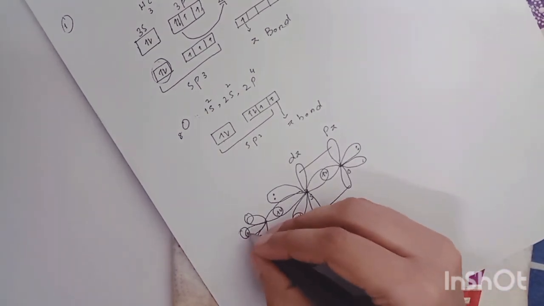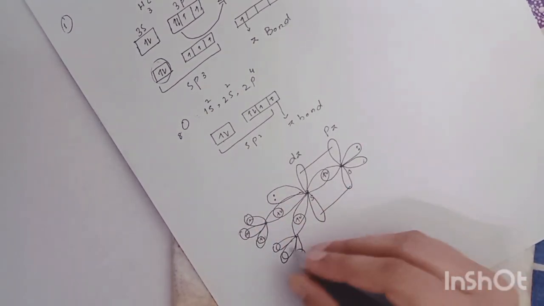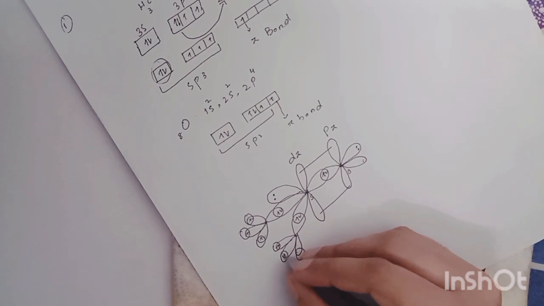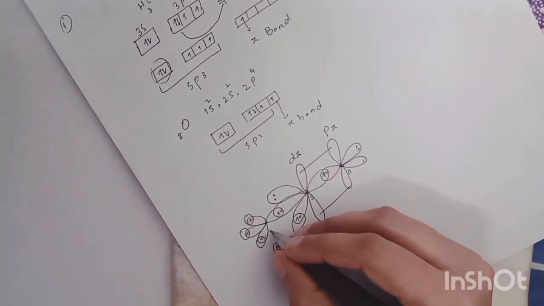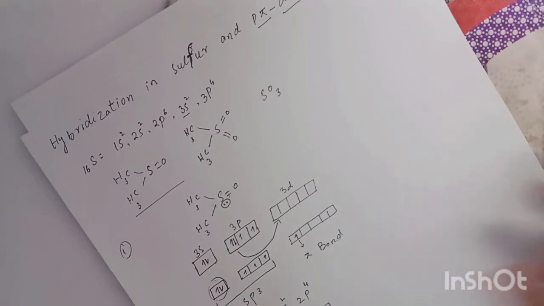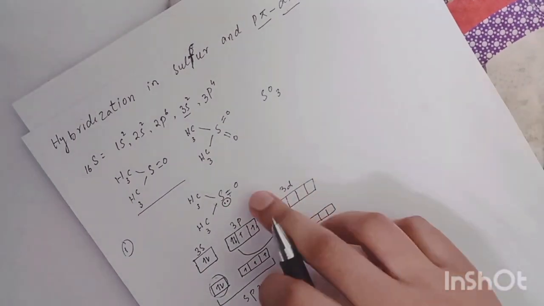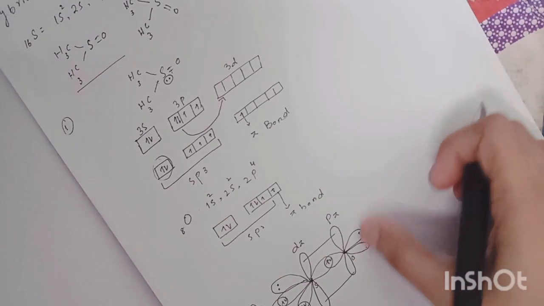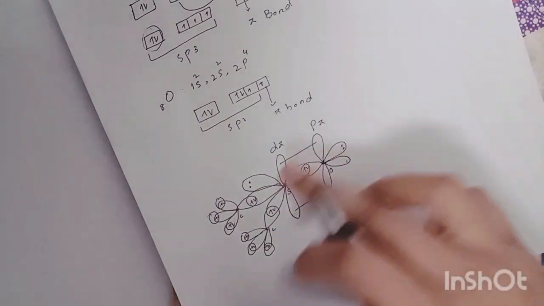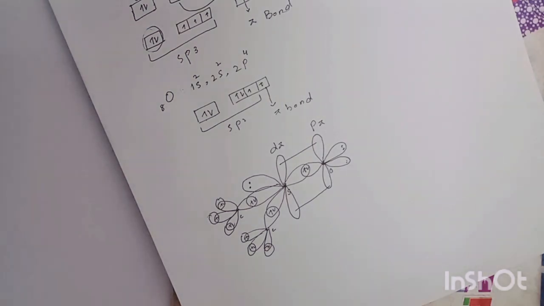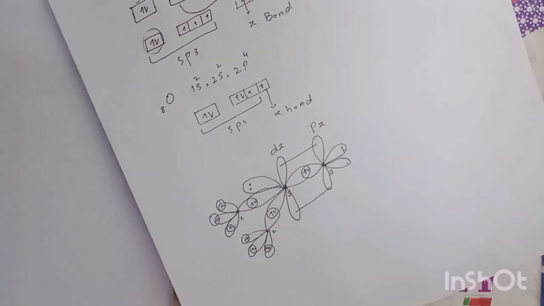We can complete the shape with electrons. This is carbon, this is the lone pair. Which lone pair? This lone pair, and these two are the lone pairs of oxygen. So this is the shape of this compound which shows p-pi and d-pi interactions.